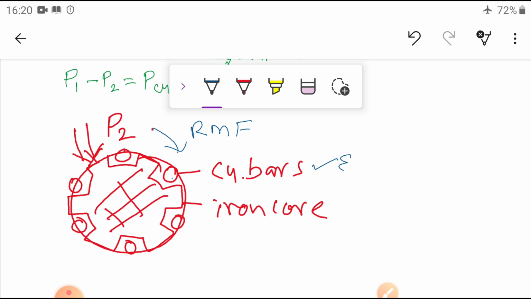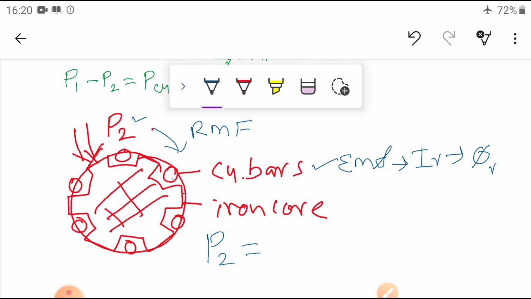That EMF produces the rotor current, and the rotor current produces its flux, the rotor flux. This flux and the stator flux interact, and torque is developed.